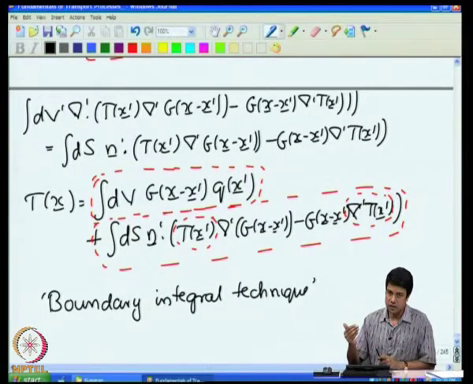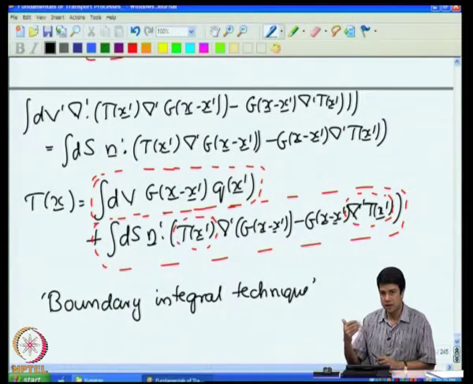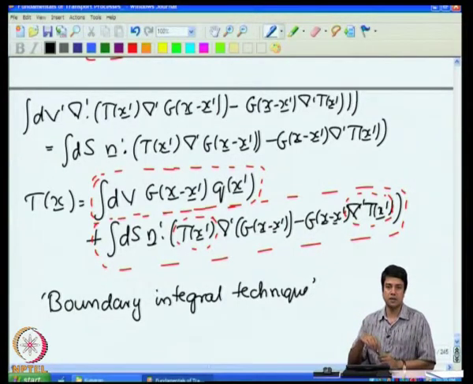For a source in an infinite medium, that Green's function is 1 by 4 pi k times the magnitude of x minus x prime. When I have planes of symmetry, I can find it using images, and for the most general case, I can find it by expressing the temperature field in terms of the temperature on the bounding surfaces, as well as any sources or sinks that are there within the volume.